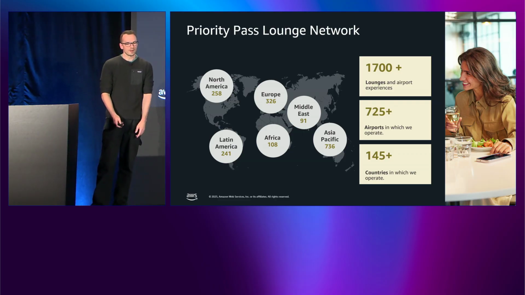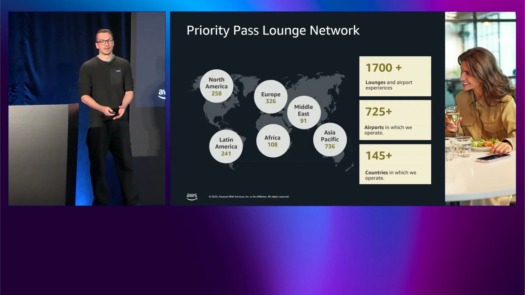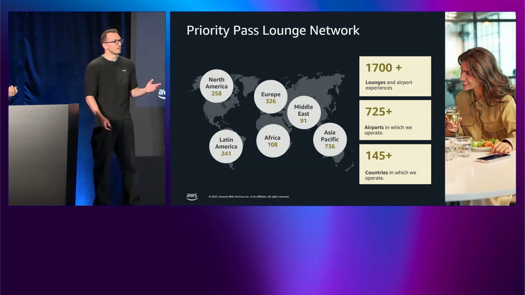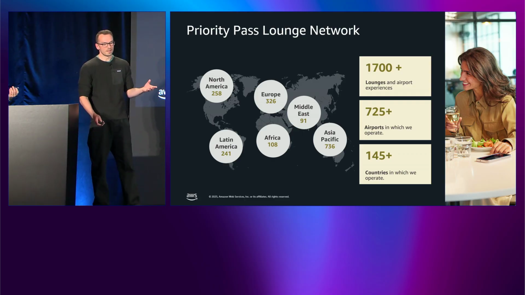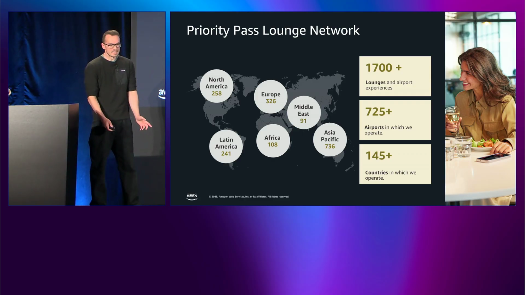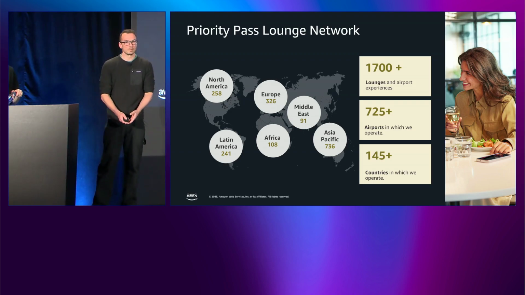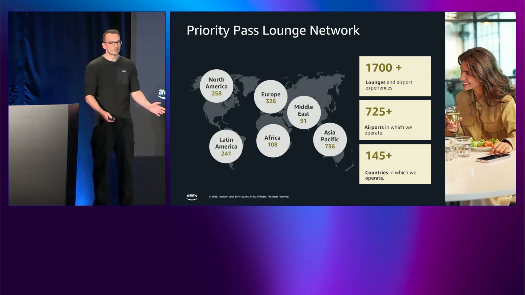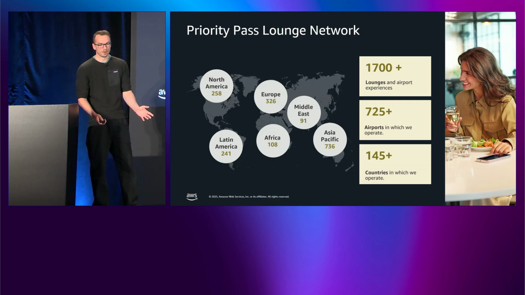More generally, Priority Pass gets you into an airport lounge. So if you fly a lot and you don't get into a business or first class lounge from your airline, Priority Pass gives you an alternative. Now, systematically, our traffic is extremely bursty because it mirrors global flight patterns across multiple time zones in every continent.